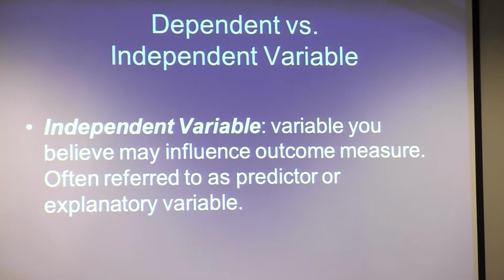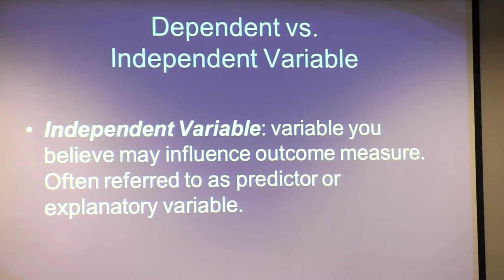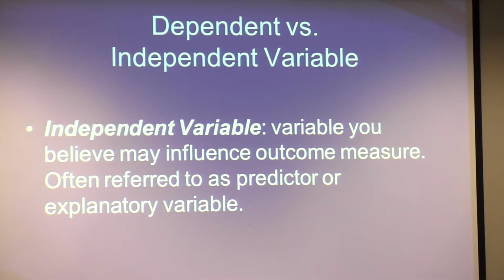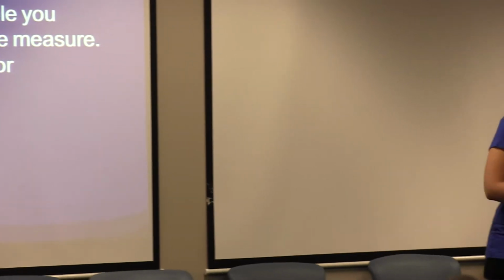It may be something that you're not manipulating, or depending on what type of study you're doing, if you're assigning people to a control group and a treatment group, then their group membership would be the independent variable, and whatever you're doing to them in the treatment group versus the control group.